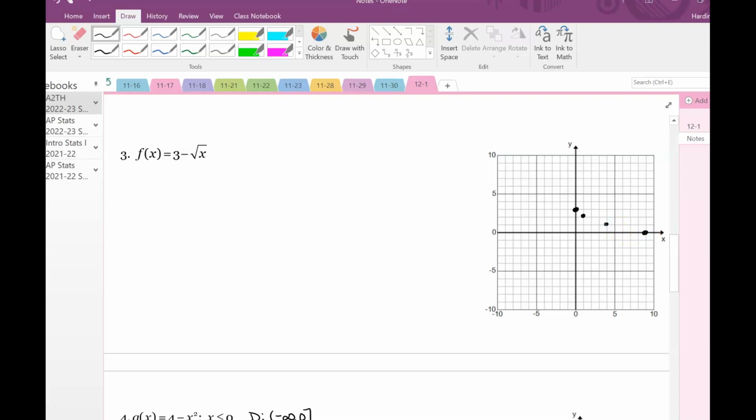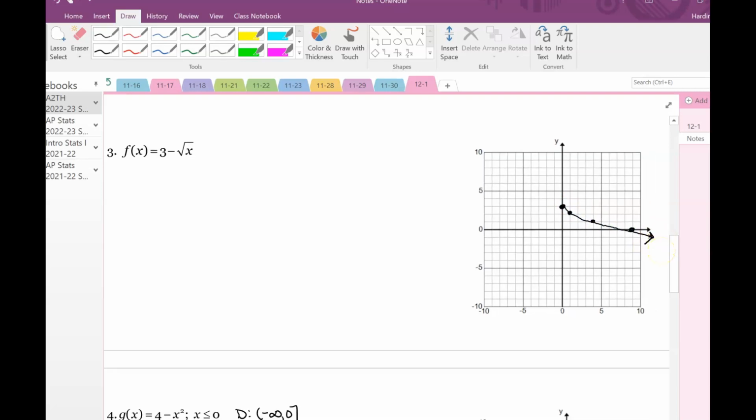And you can plug in numbers there if you're not sure where I got all those points from, just graphing that parent function. So this right here is the graph of f of x. What's the domain? Well, let's just look at the graph. The domain is 0 to infinity. The range is negative infinity to 3.